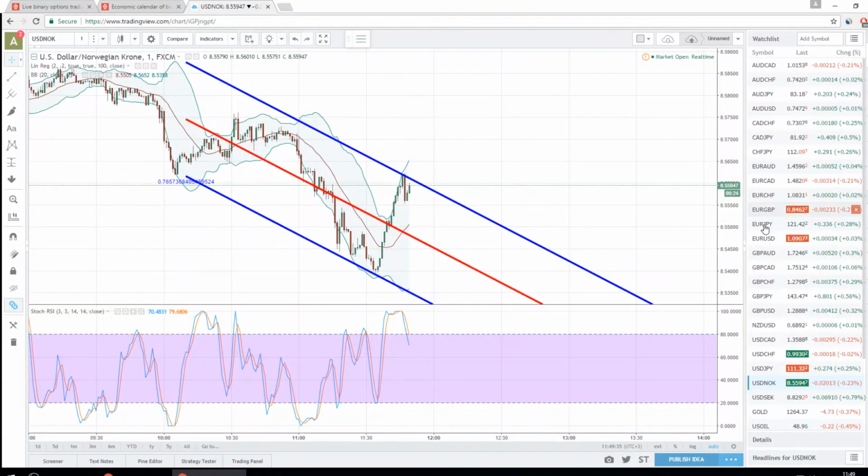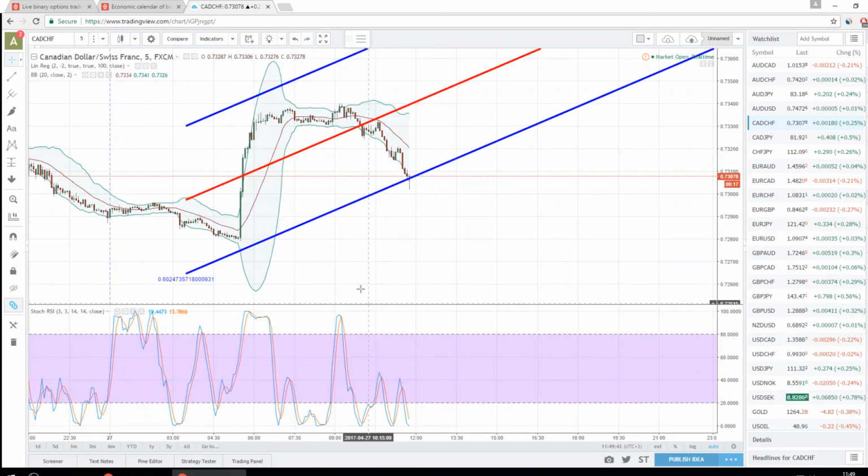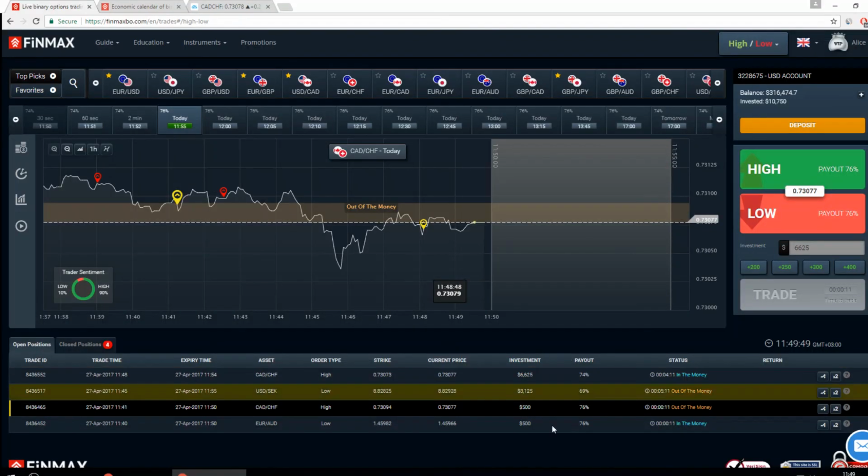Let's see what we've got on Canadian to Swiss franc. Well, I believe it should go up on the 1 minute and 5 minutes time frames. So I will keep it open.